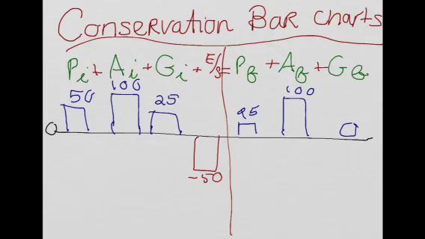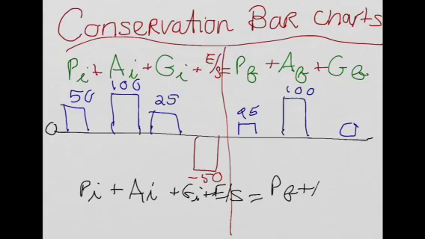And so if we wanted to write a math equation for this, we use the bar chart to come up with a math equation specific for the problem we're trying to solve. So in this case, I could write a math equation that says money in my pocket initial plus money in my bank account initial plus any gift cards initial plus anything that I earn or spend equals money in my pocket final plus money in my bank account final plus any gift cards.